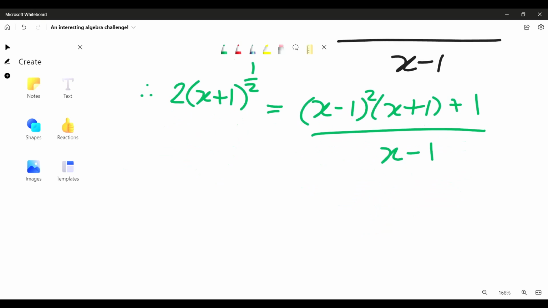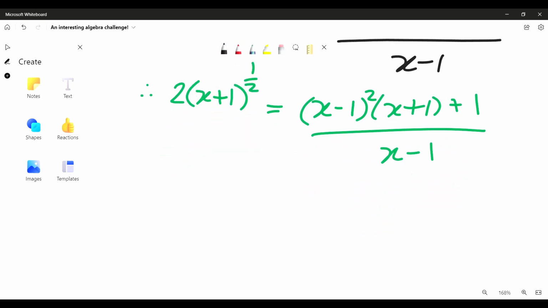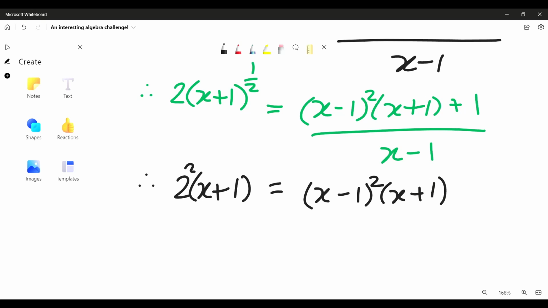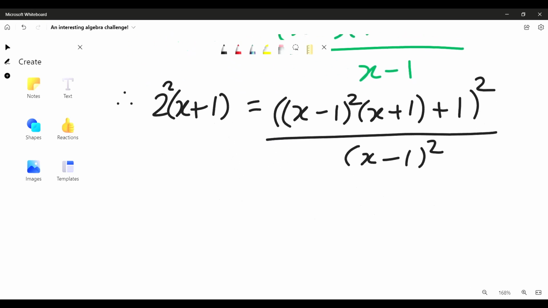So let's square both sides. This is much easier because we just have the 1 to deal with when we are expanding. So we get x plus 1, 2 squared, so 4, is equal to x minus 1 squared times x plus 1 plus 1 squared over x minus 1 squared. And I'm going to just multiply this out already.